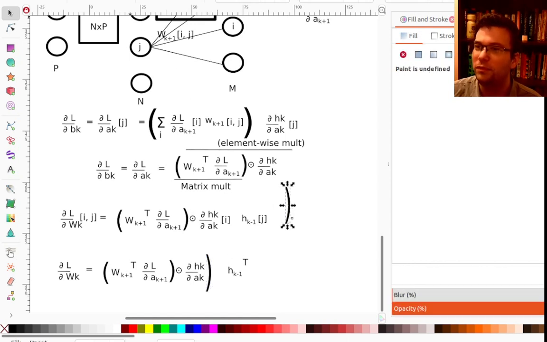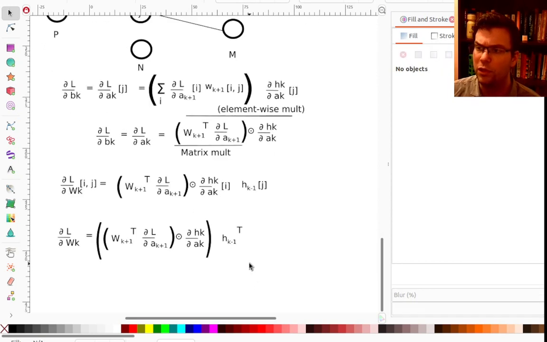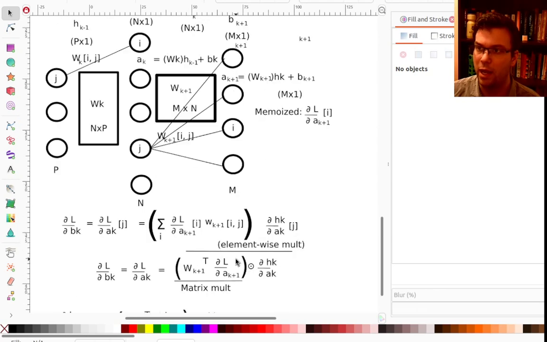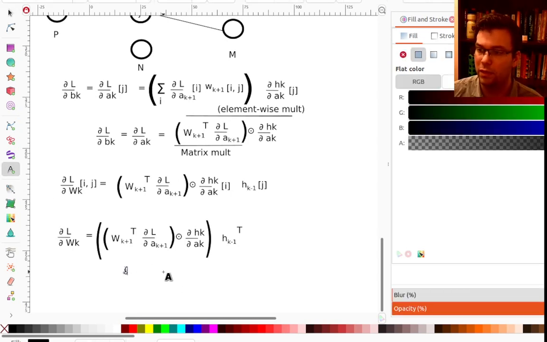So actually, this is something that you can reuse, right? This is something we would have already computed up here. I could just plug that down in here, and then just do this matrix multiplication by h_{k-1} transpose. So to make sure the dimensions work out, I should have n rows and p columns in my matrix of derivatives here. So let's check. This matrix here is a column matrix.